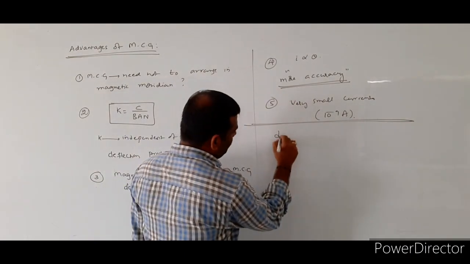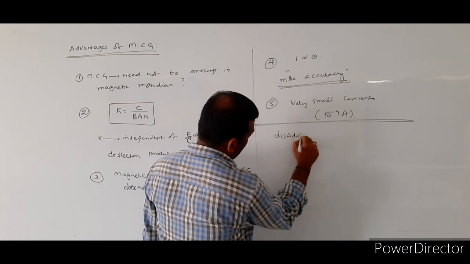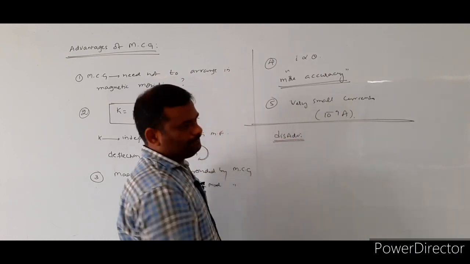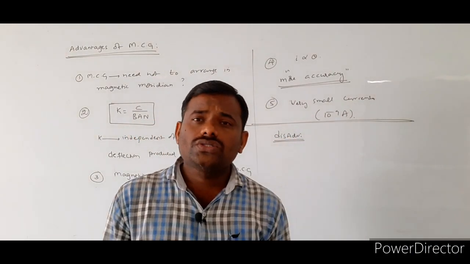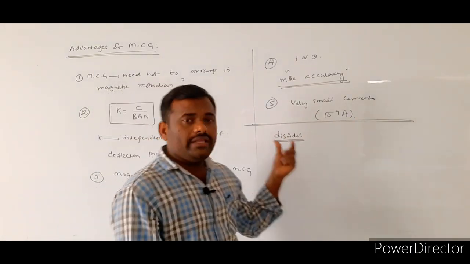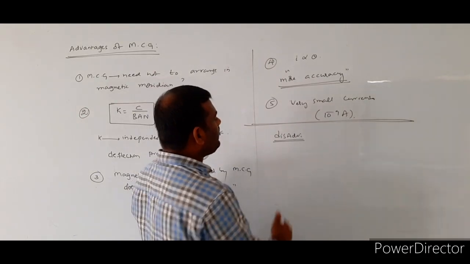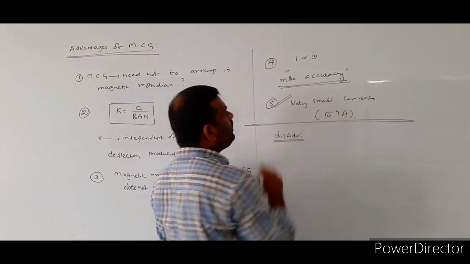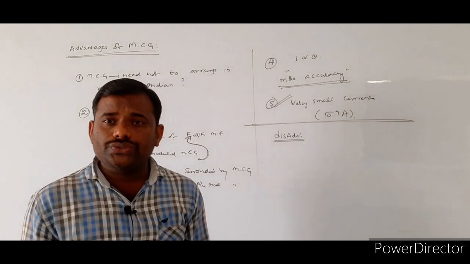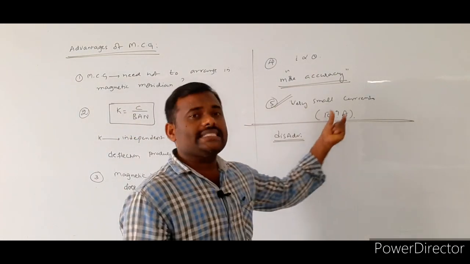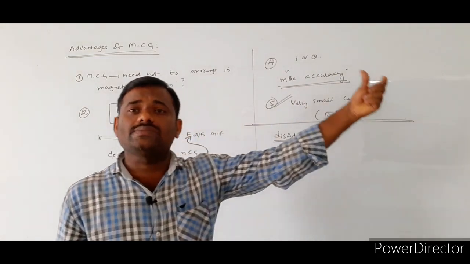Next, disadvantages. The moving coil galvanometer is a device used to measure very small currents, which means it is very sensitive. It can be used to measure only very small currents.